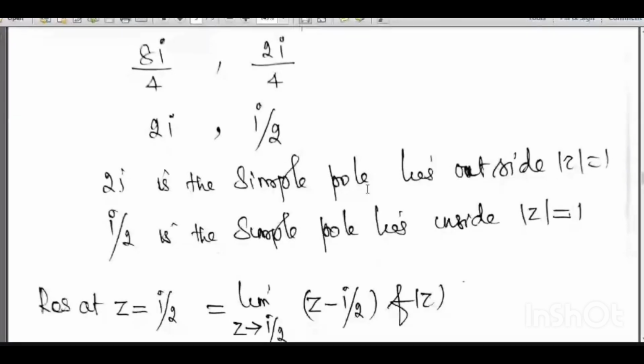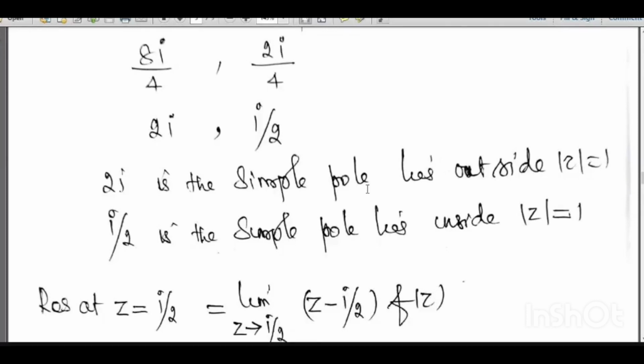2i is a simple pole that lies outside modulus z is equal to 1. 2i does not lie inside modulus z is equal to 1 because the radius is 1, and 2 is outside of radius 1.